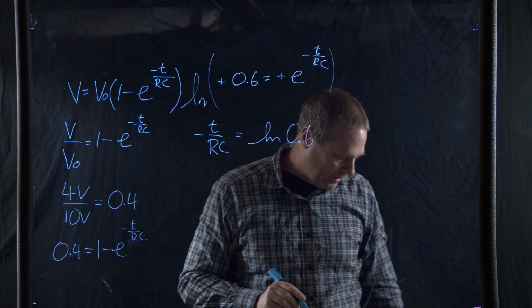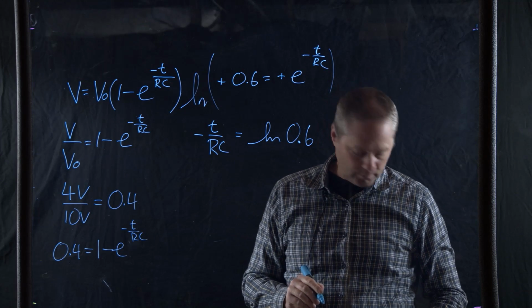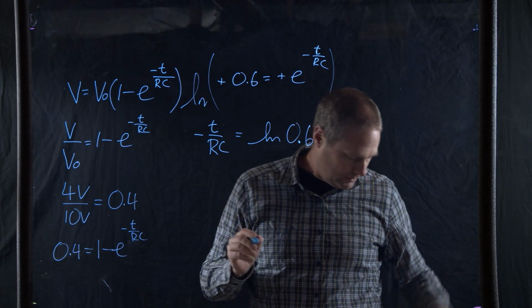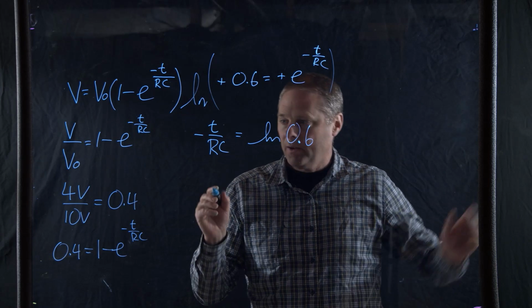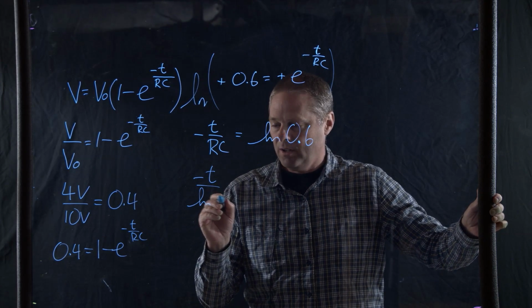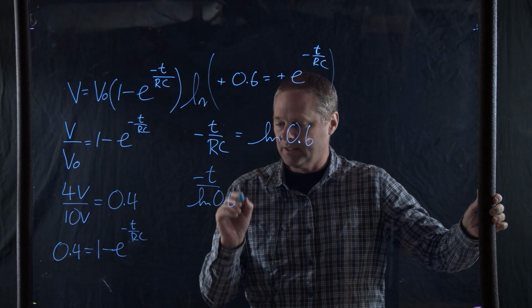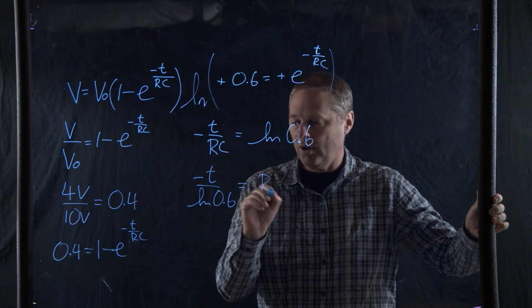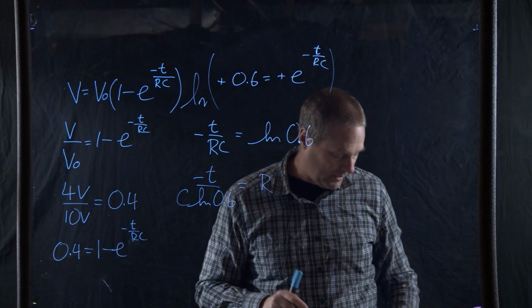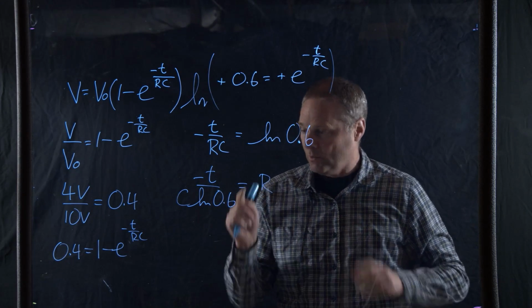Now what we can do is, we have a negative t upon the natural log of 0.6 is equal to R, with our C right there. Now we can just fill in what we know.